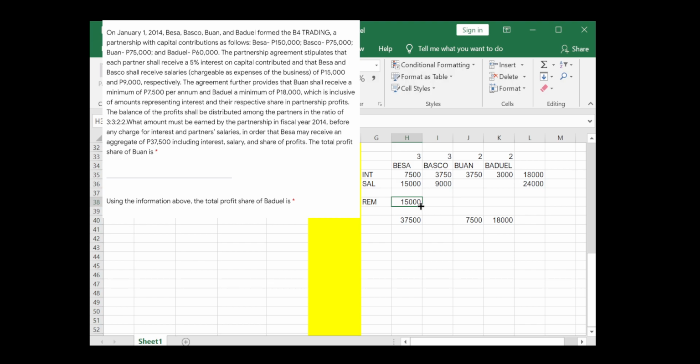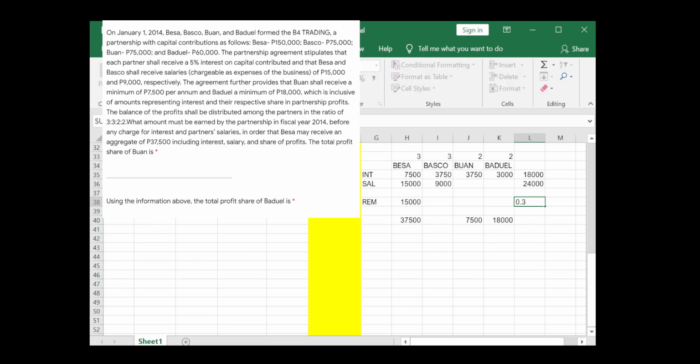Okay? So using the ratio, yung profit ratio nila na 3:3:2:2, which means 30% ang kay BESA. So, ang gagawin natin para makuha natin yung 100% is yung amount na 15,000, i-divide natin sa kanyang sariling percentage, which is 30%. So, 15,000 divided by 0.30.